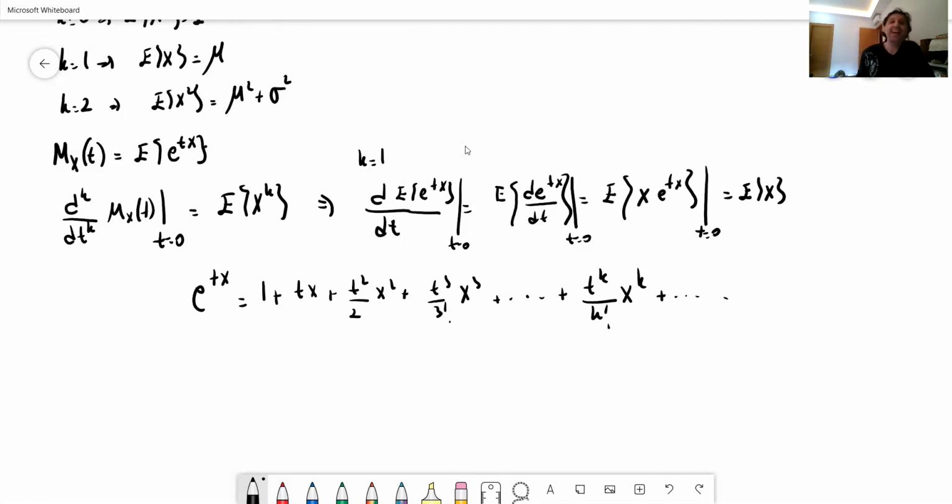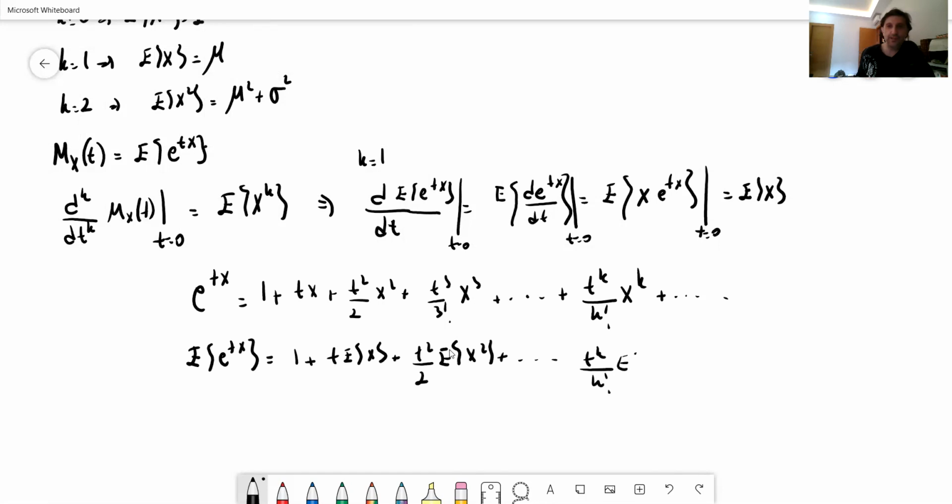This is the Taylor series expansion of exponential tx. Now, the expected value of exponential tx is going to be equal to, note that again t is the constant here and x is the random variable, so it's going to be equal to 1 plus t times expected value of x plus t square over 2 times expected value of x square, plus on to t to the power k over k factorial times expected value of x to the power k.